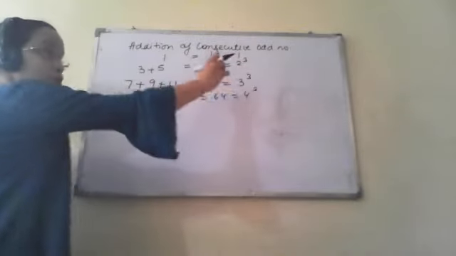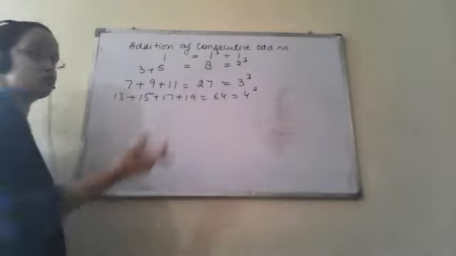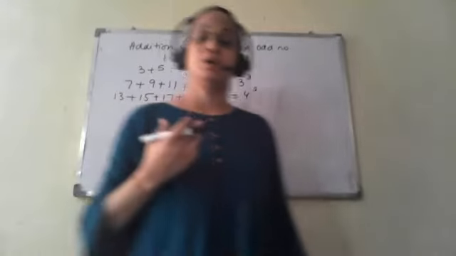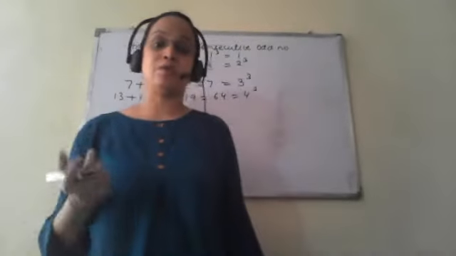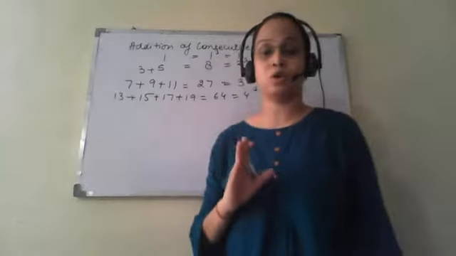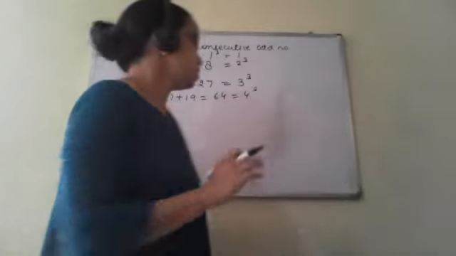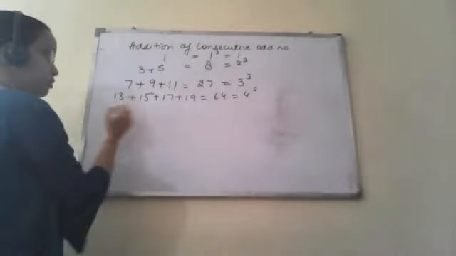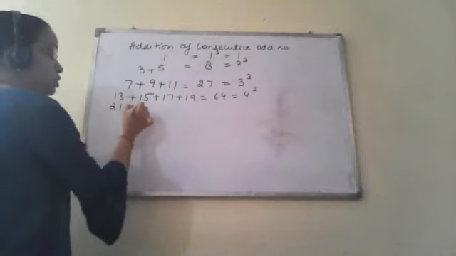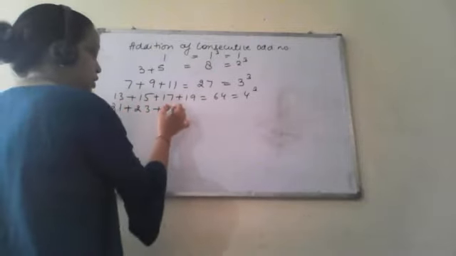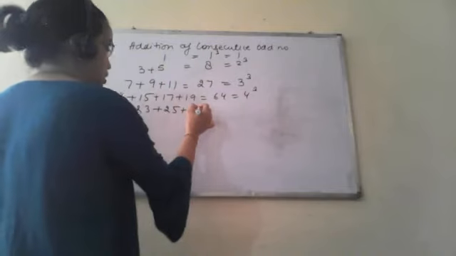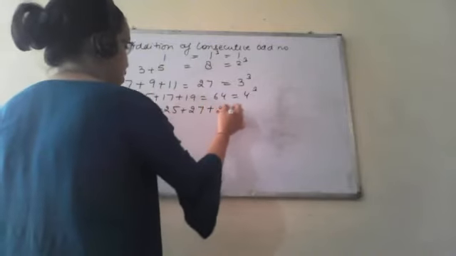The cube of 3 will be the sum of 3 consecutive odd numbers. If I have to calculate the cube of 11, it will require 11 consecutive odd numbers. Clear? Similarly, the next odd numbers will be 21, 23, 25, then 27 plus 29.